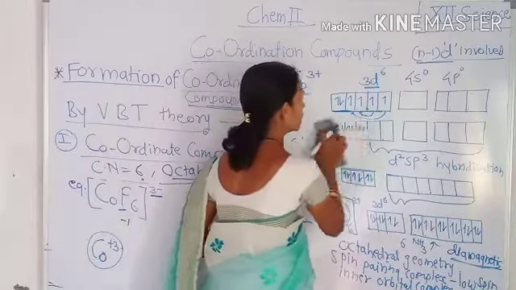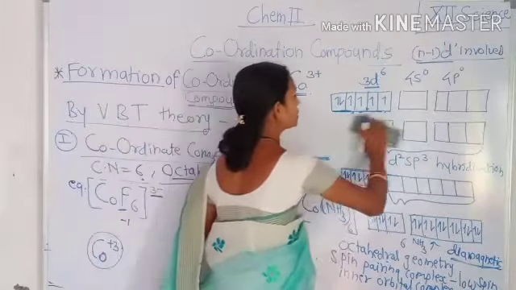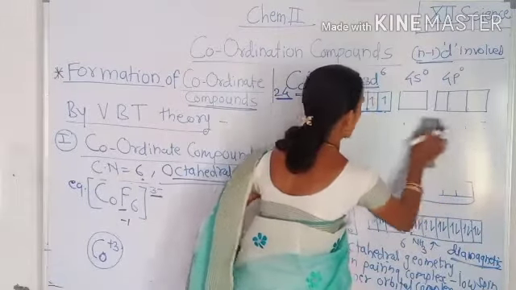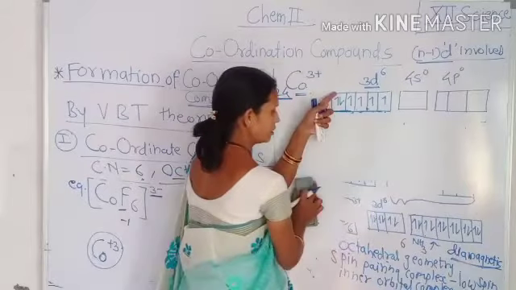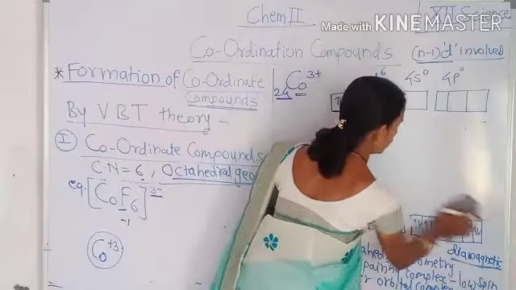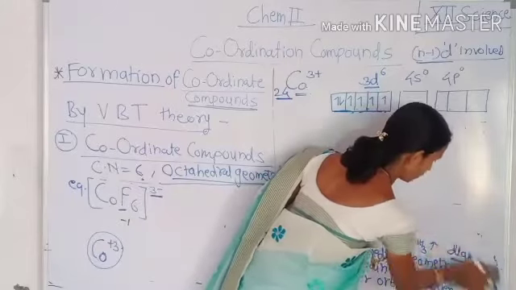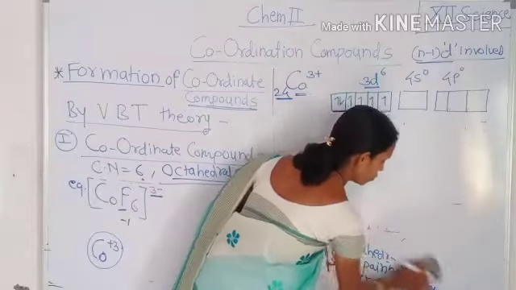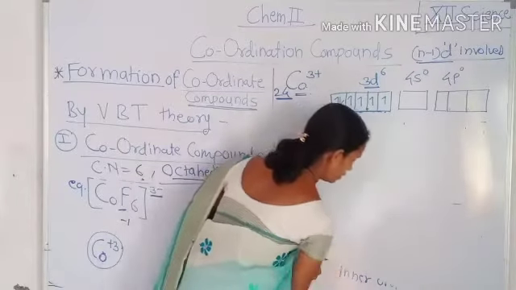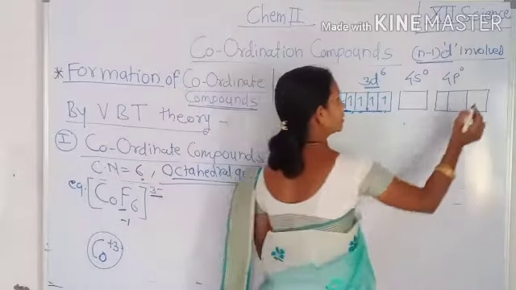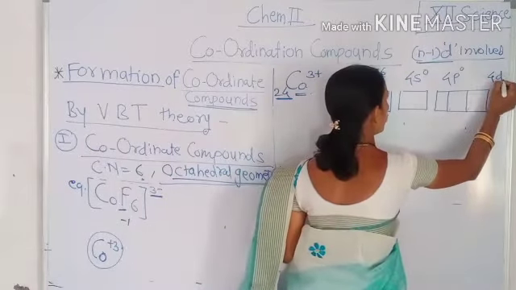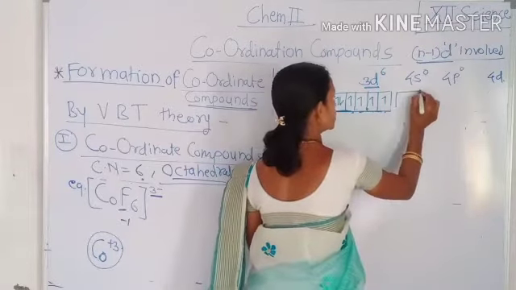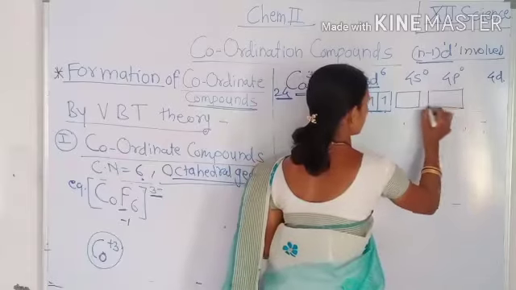Therefore, the valence electronic configuration for Co3+ ion is 3d6, 4s0 and 4p0, as there is a 4s orbital as well as 4p orbitals. Therefore, 4d orbitals are also present, but they are vacant in nature.